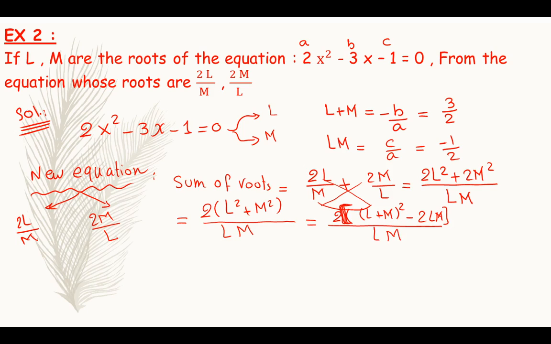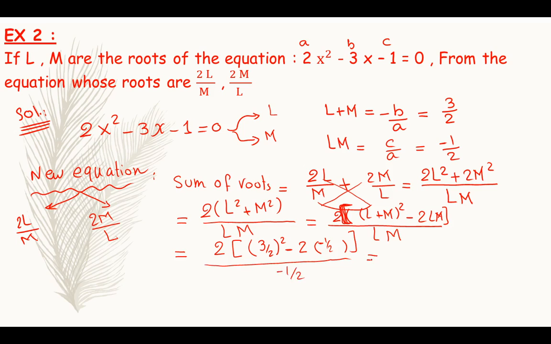Okay? Now, you know that L plus M is the sum of the old roots. We know that L plus M is equal to 3 over 2. So we are going to replace L plus M by 3 over 2 all squared, minus 2LM, and we know that LM is equal to negative half, over LM, which is equal to negative half.